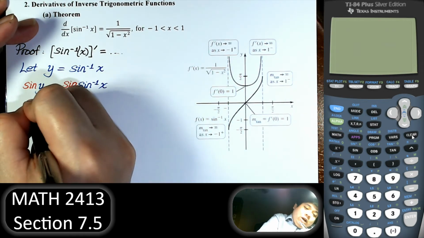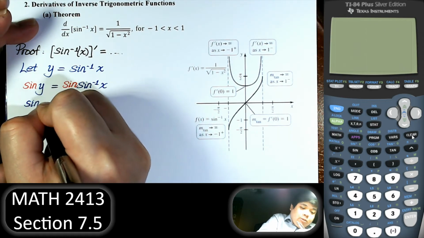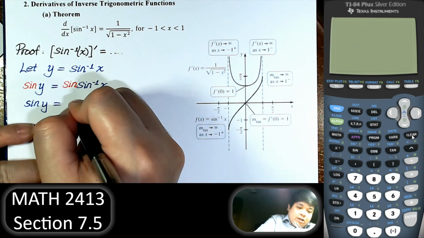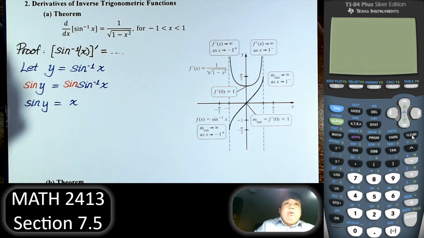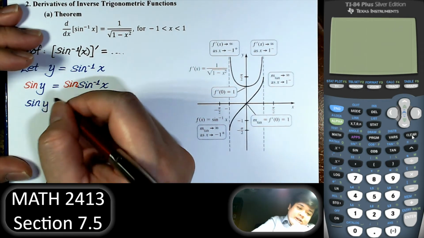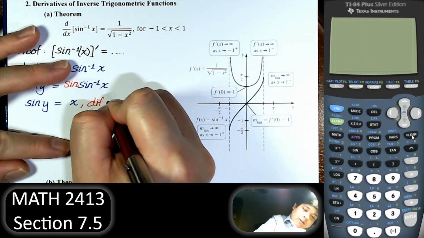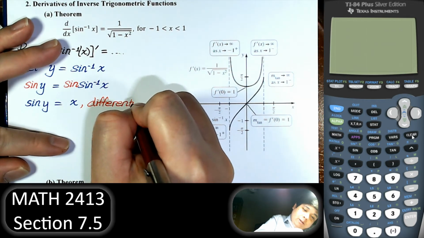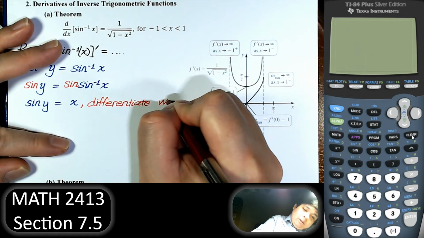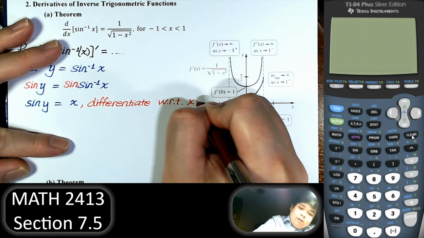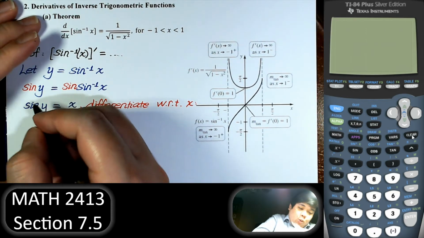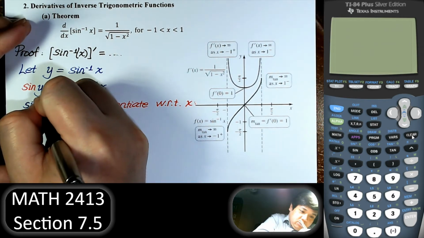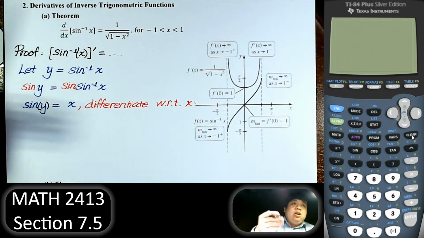So sine inverse cancels out, and we have sine of y is equal to x. Simple enough. But that's not the end of it. What we do here, of course, is differentiate with respect to x. Assume y is a function of x, so make sure we put parentheses around it to signal that y is a function of x.